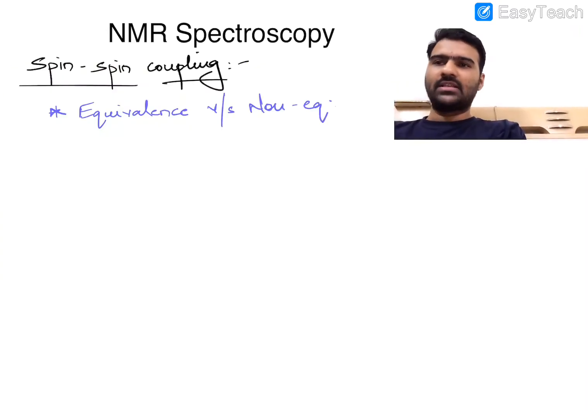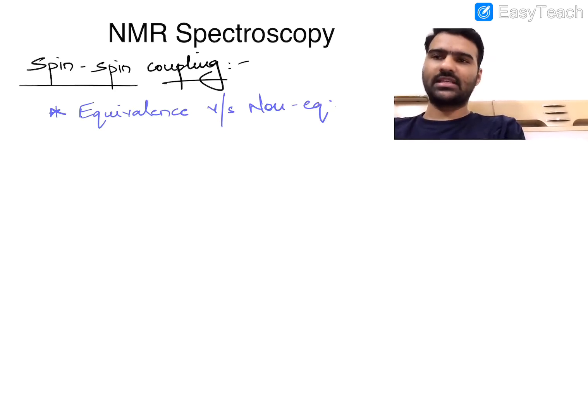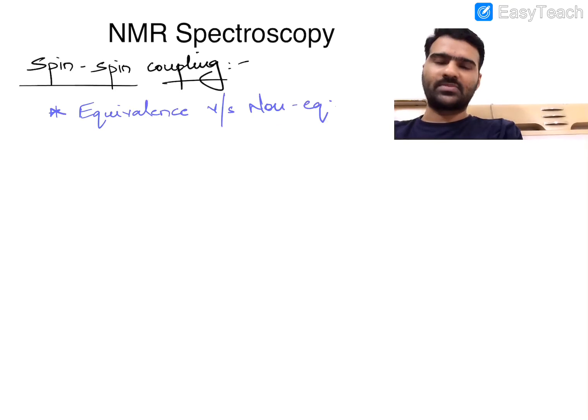Okay, so that brings us to the concept of spin-spin coupling, and any detailed discussion on couplings and interactions between the spins of nuclei that are nearest neighbors, etc., requires us to also discuss beforehand equivalence and non-equivalence of nuclei with respect to NMR.